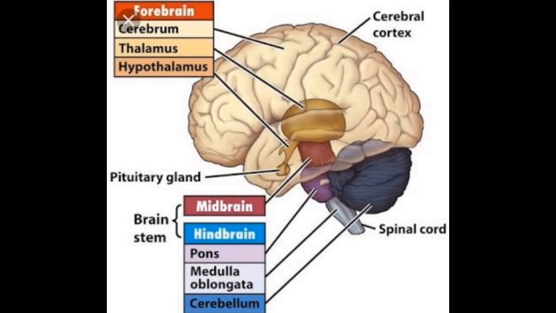Functions: the medulla oblongata contains the vital reflex centers such as the cardiac center. It controls all the cardiac movements, the respiratory center, centers of swallowing, sneezing, coughing, vomiting.